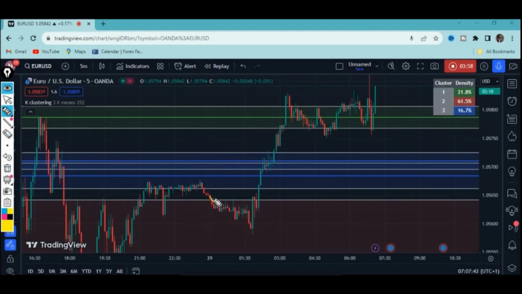When price comes to this line, it has to break above it to confirm a push to the upside. If price comes to the next line, it has to break above that one too, and this one, and this one, to confirm a push to the upside.